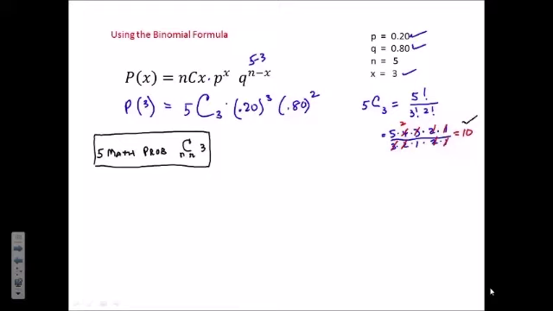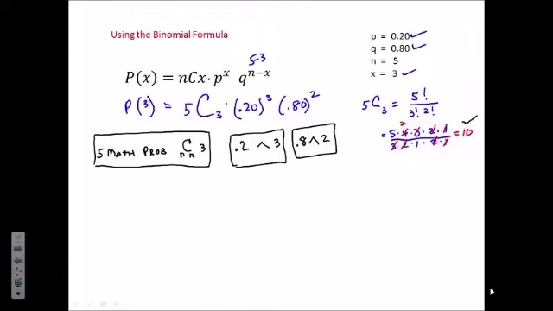Then you would key in 0.20 or 0.2, then use the exponentiation key, which is the caret key, then 3, and then enter. That would give you 0.20 cubed, and then you could do 0.80 or 0.8, and you could do caret 2, or you could use the x squared key, either way, and you get each of these 3 pieces, multiply them together, and get the answer. That's doing it in pieces.